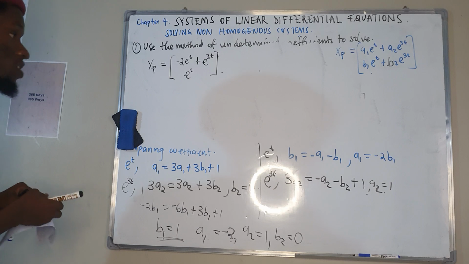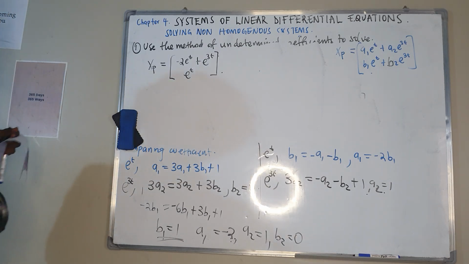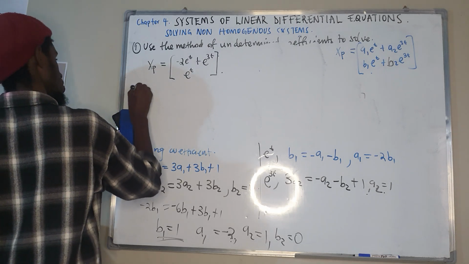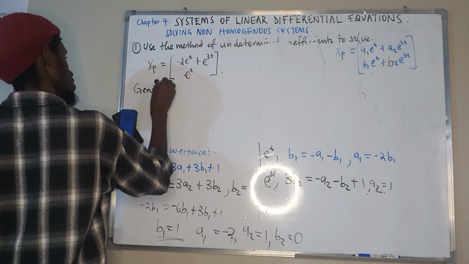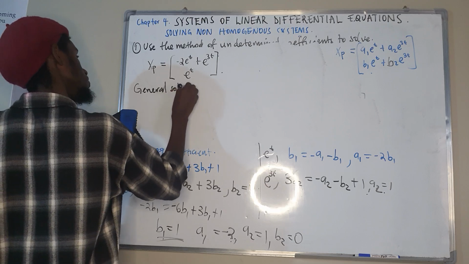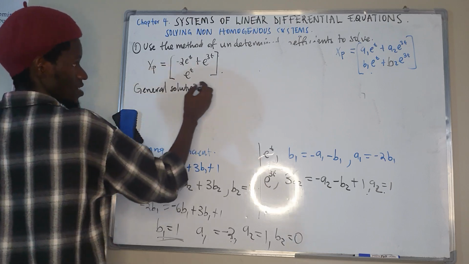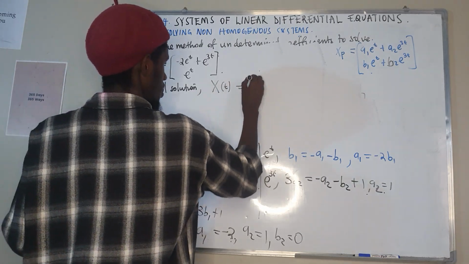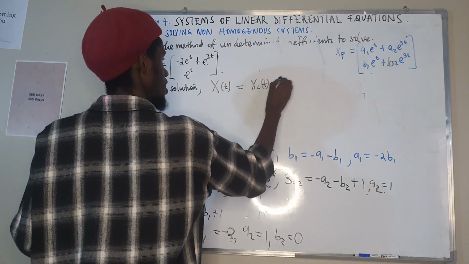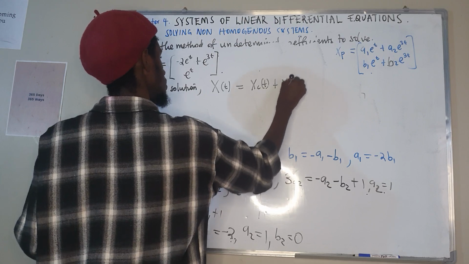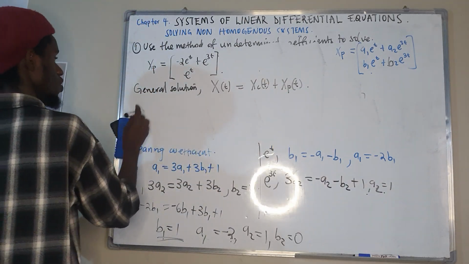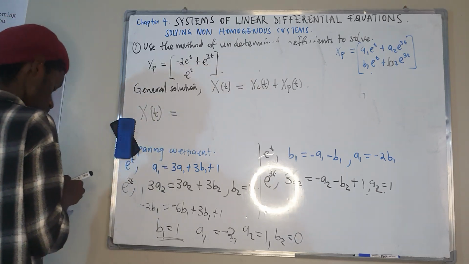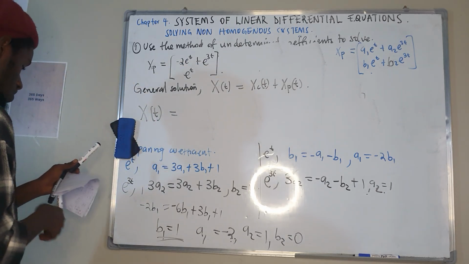I think you've been following the steps I've been doing. Now, from this step, we can easily write our final general solution. My general solution is going to be x of t, the same as having xc plus xp of t. Our xc we already had.